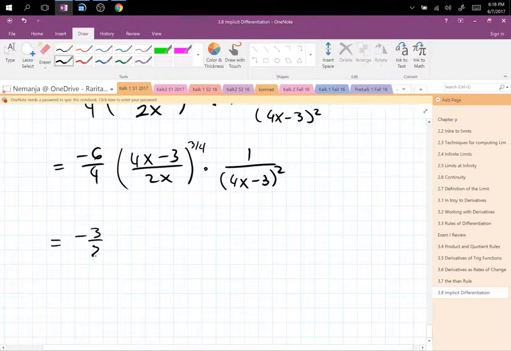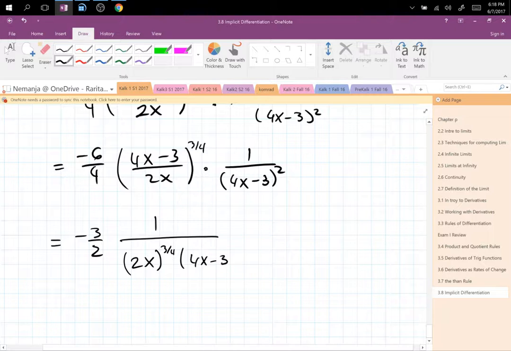So negative 3 halves. And then we have 1 over 3/4. That will be 5/4, right? And that's it.